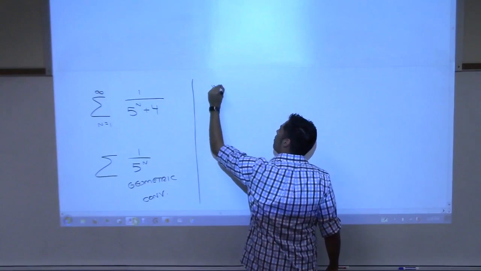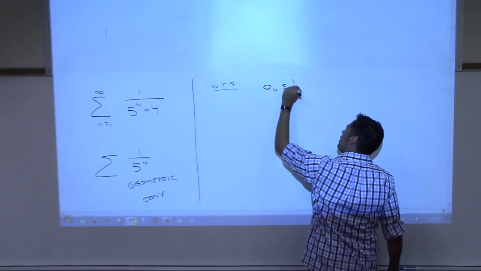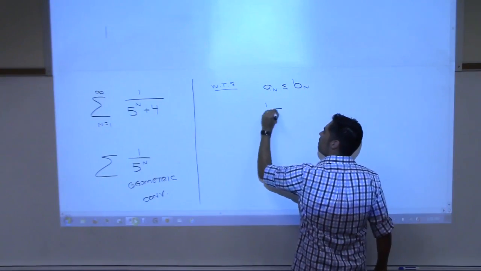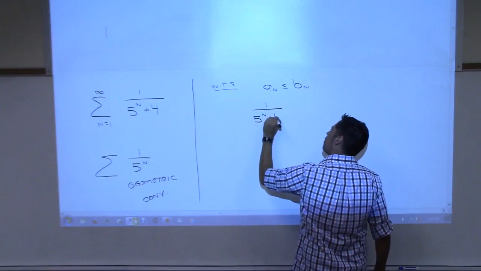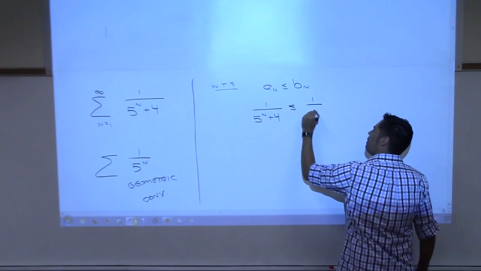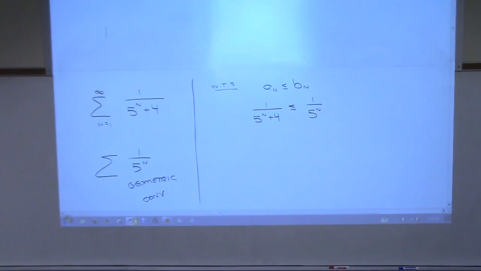What would I want to show? A sub n less than or equal to b sub n, right? So 1 over 5 to the n plus 4 is less than or equal to 1 over 5 to the n, right? You agree? Is this true?